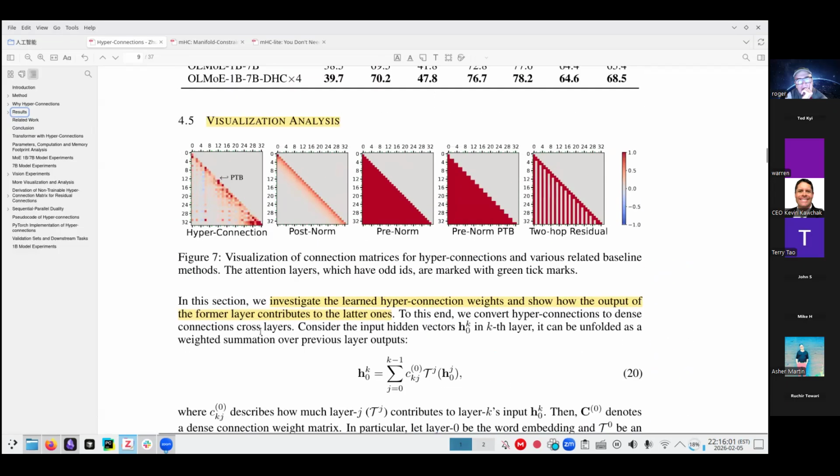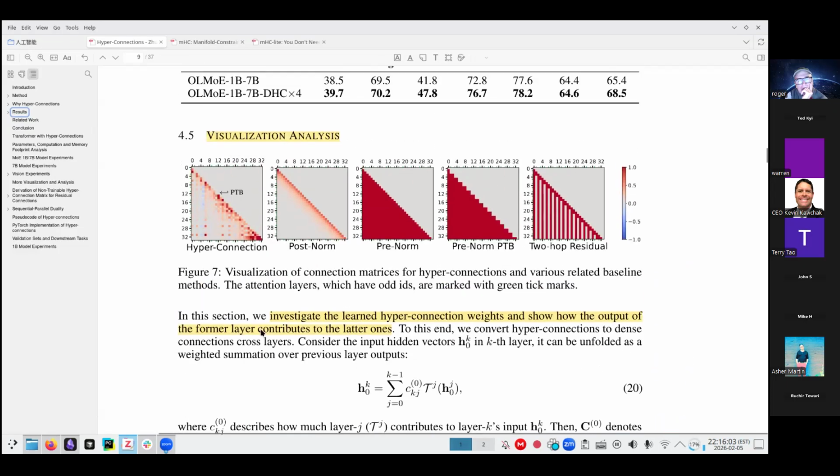I can't find that word, but this graph shows how much impact a layer gets from its previous layers.